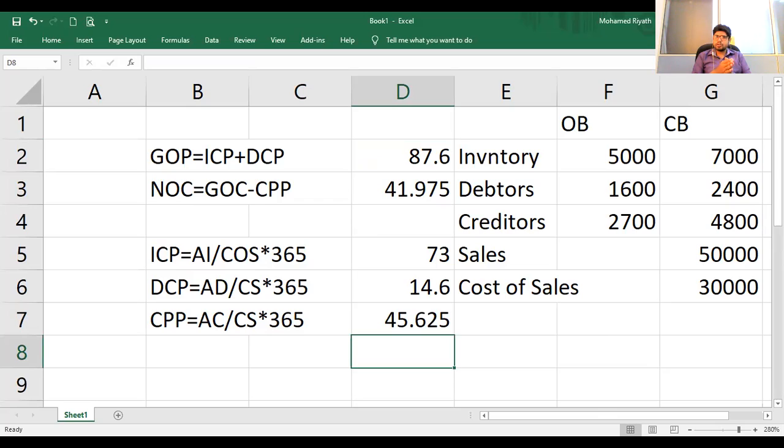We have purchased the raw material on credit, so they have given almost 45 days, 1.5 months, right? So we can shorten the total conversion period to 41 days, right? It means we don't need to pay the money at the time of purchase of inventory, so they are giving 45 days.